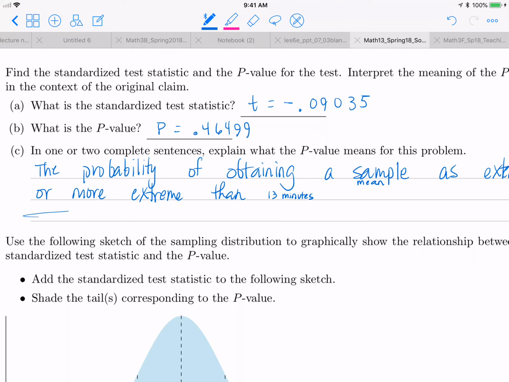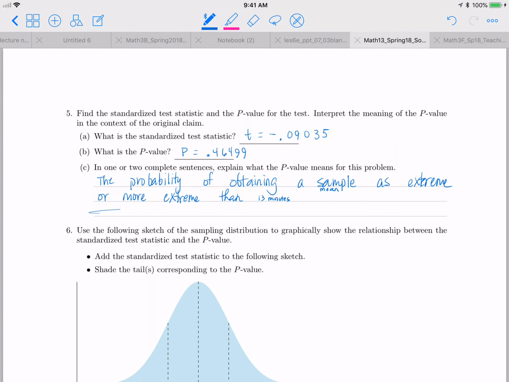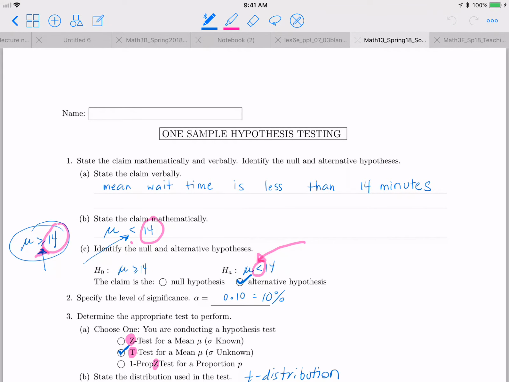Wait a minute, this seems very, very high. Let's look back and make sure I didn't do anything incorrectly. So let's go to stat, tests. I want to do a t-test. Mu naught is 14, x bar is 13.